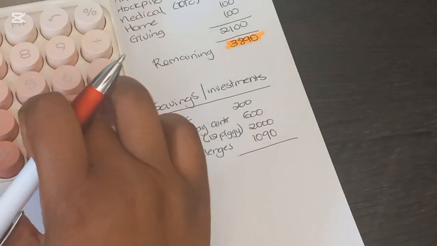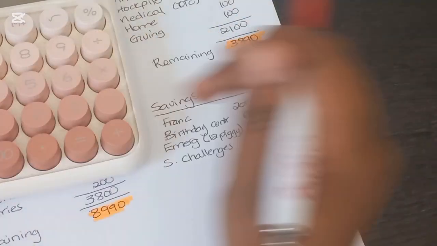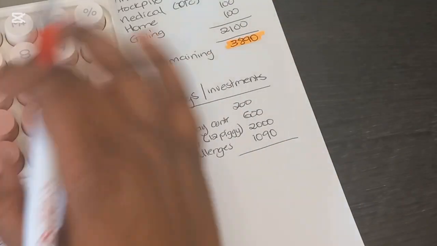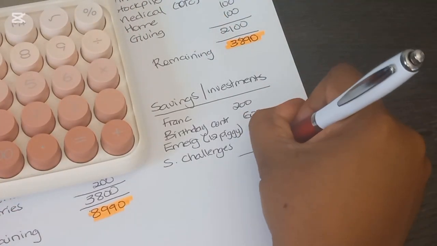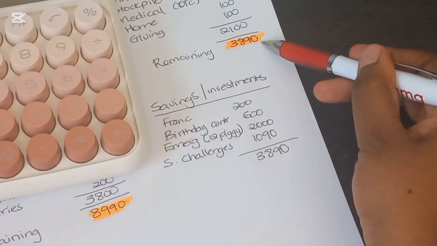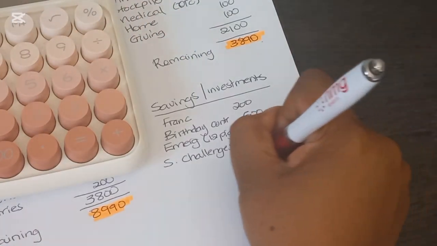So that's all that's going towards savings and investments. So it's 200 plus 600 plus 2,000 plus 1,090. So the total is 3,890, and we subtract this from the remaining that was there, and we get 0.